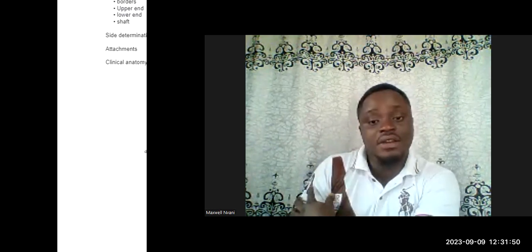It's because there's a whole lot of ligaments, muscles, and rotator cuff muscles protecting the humerus from dislocating superiorly, anteriorly, or posteriorly. But it's most likely that the humerus would dislocate inferiorly, okay?